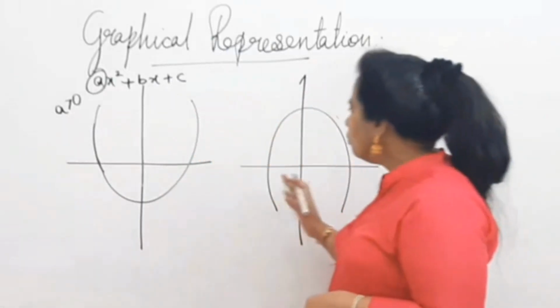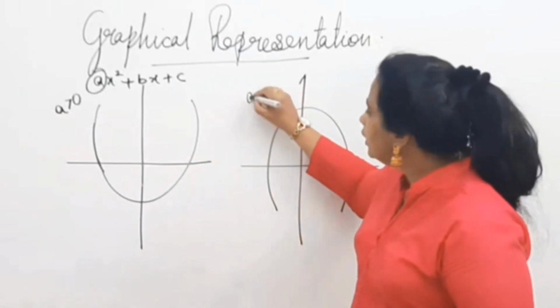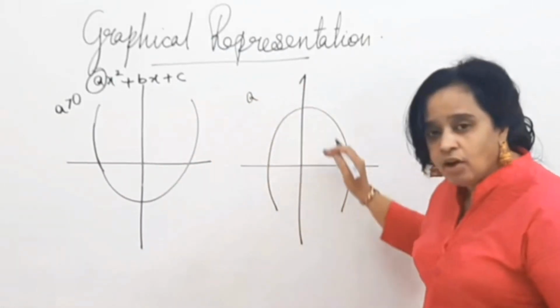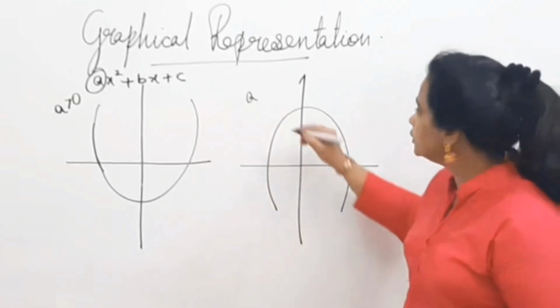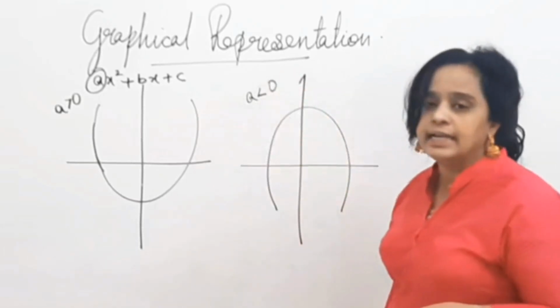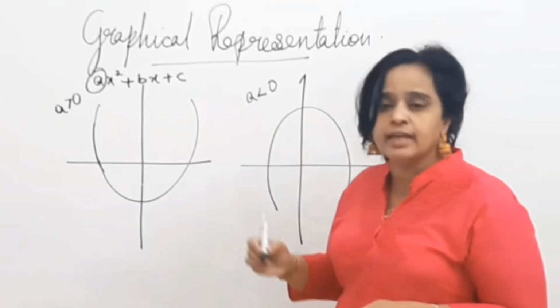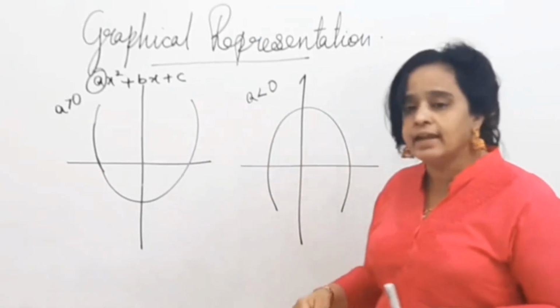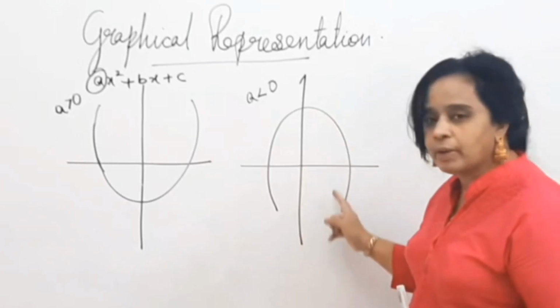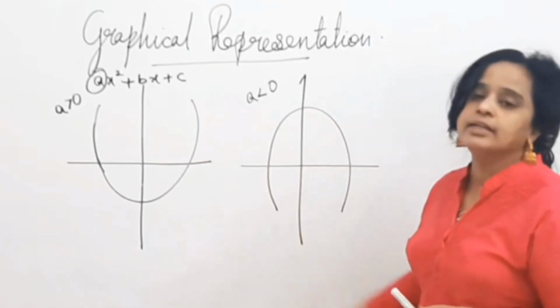Now, for the graphical representation of a parabola which opens downwards, that means a is less than 0. Whenever the value of a is less than 0, the graphical representation of the parabola will open downwards.